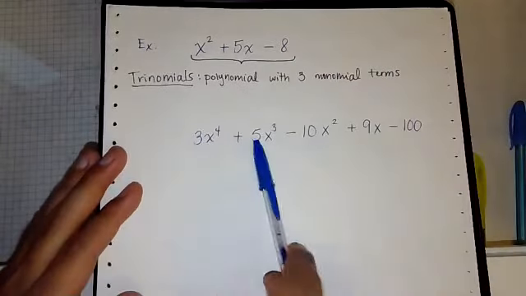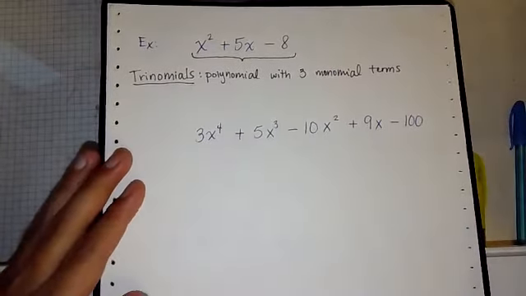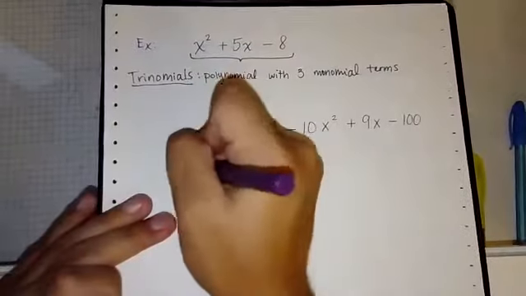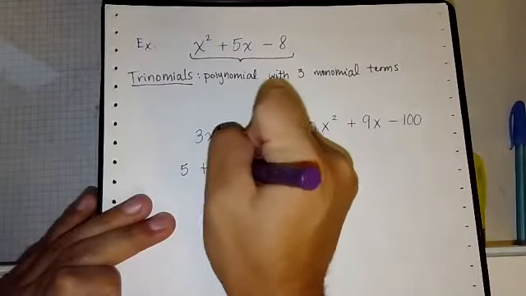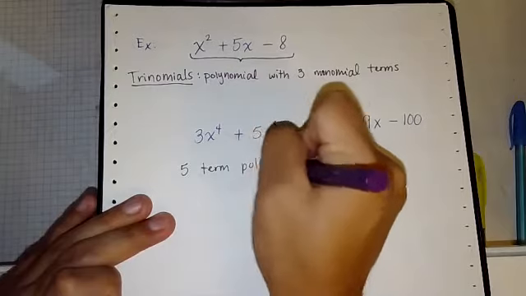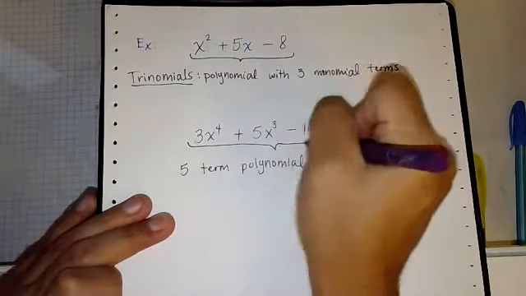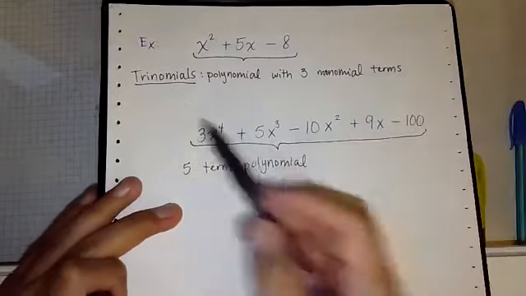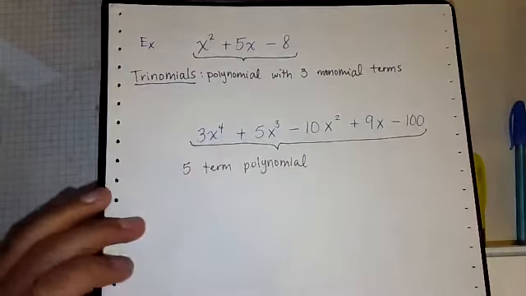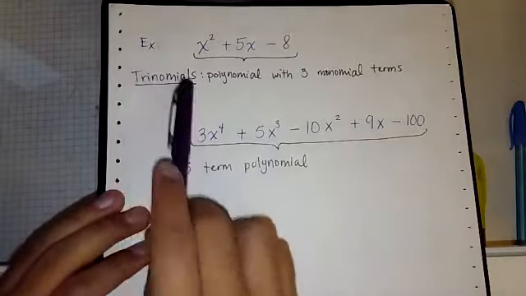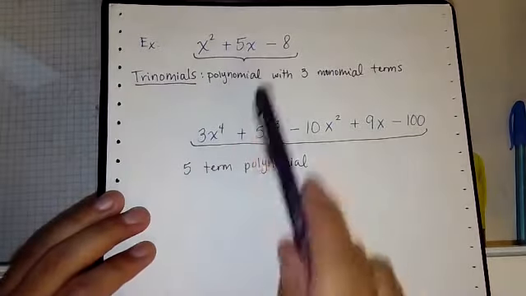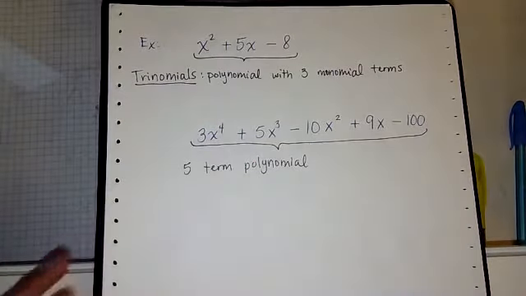Well, I have 1, 2, 3, 4, 5 terms here. So we would just call this a 5-term polynomial. Mathematicians start out with a lot of energy, right? Naming these things. But then once we get to 4, we just say, you know, screw it, we'll call them all polynomials.